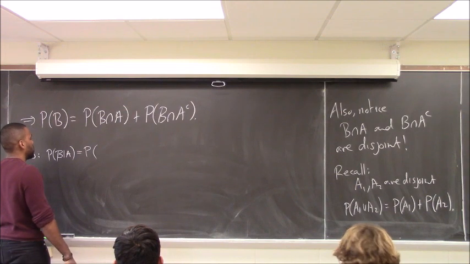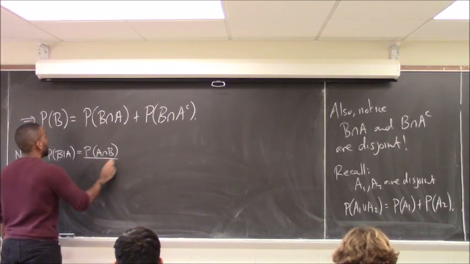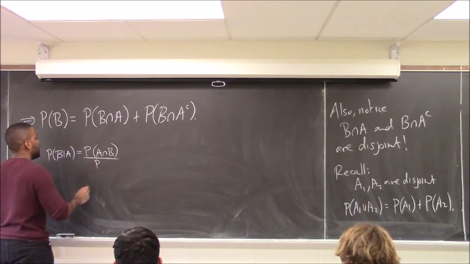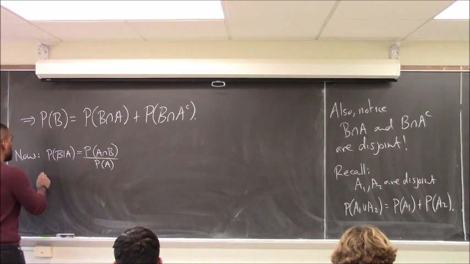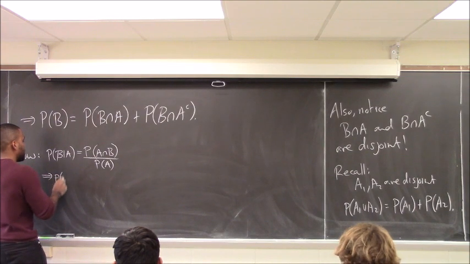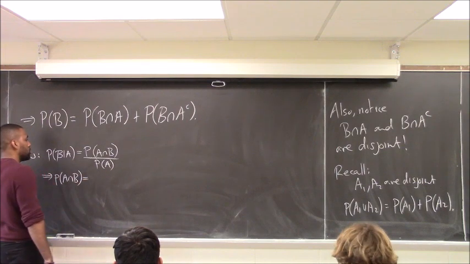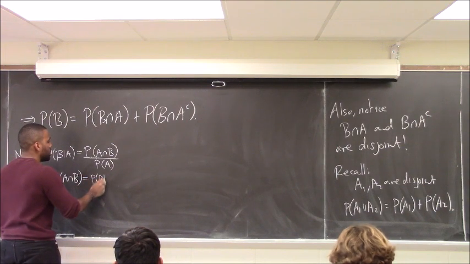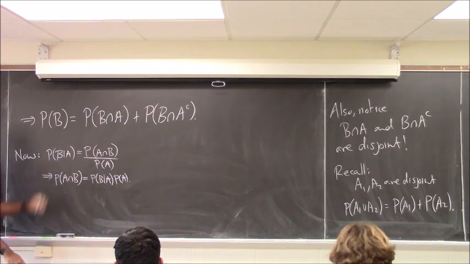I always forget which order I want first. Okay, but it's the probability of A and B divided by the probability of A. I think that is actually the order I want, which means I can write the probability of A and B, which by the way is the same as this, to be equal to the probability of B given A times the probability of A by multiplying.